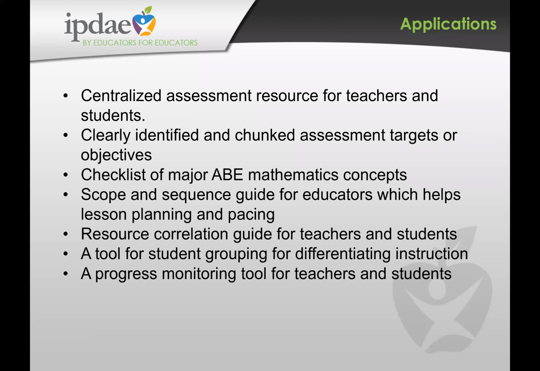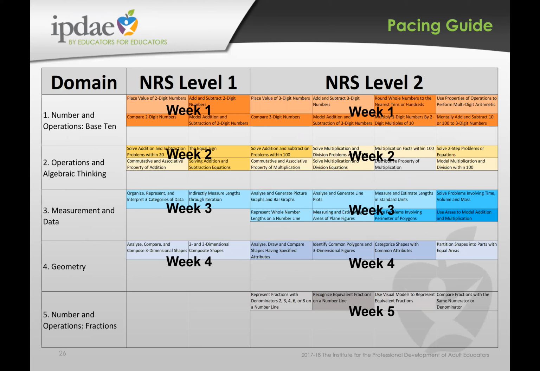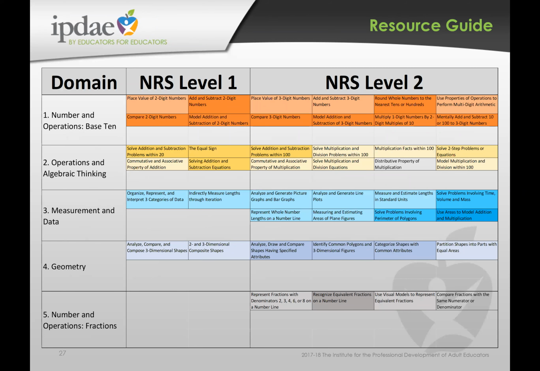I'm just going to show you some examples here. You can use it as a pacing guide, just like what I did here. You can type directly into the document. Week 1, this is what I'm going to cover. Week 2, this, week 3, and so on and so forth. Or you can use it as a guide for what resources to direct your class to.